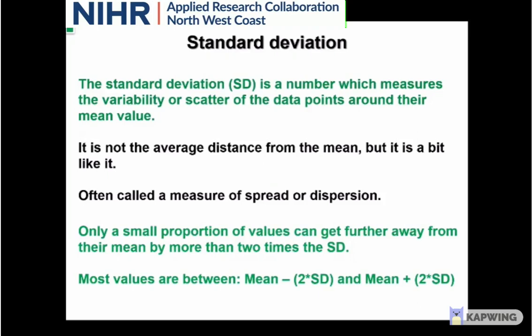Now, if I visualize that a bit better for you, you've got a standard deviation value and you've got your mean. So your mean is your center and you've got a measure of spread. What you're hoping is if you add or subtract 2 standard deviations, so you get 2 above and 2 below, the vast majority, if not all, of your data points in that group should be within that window.